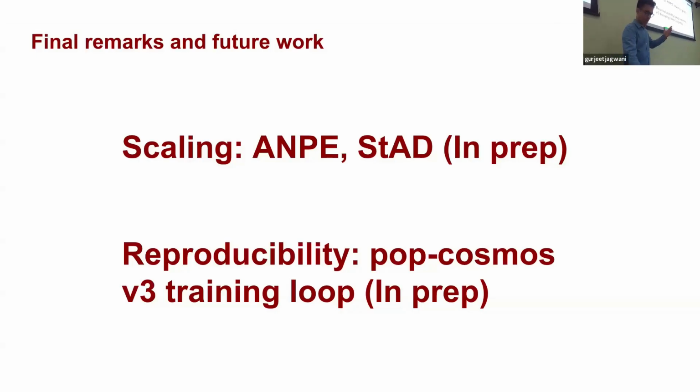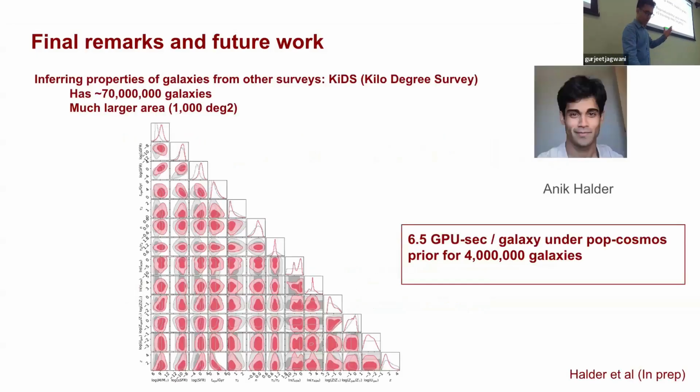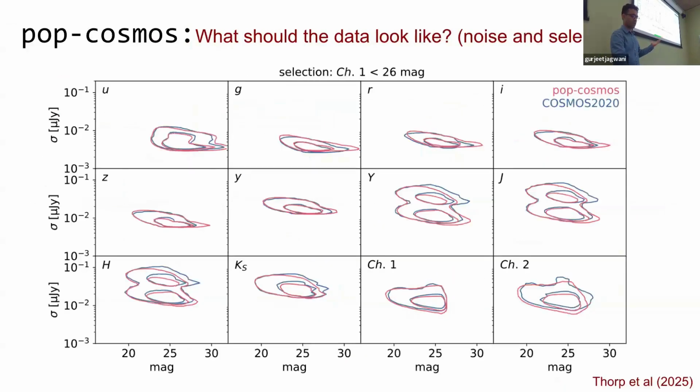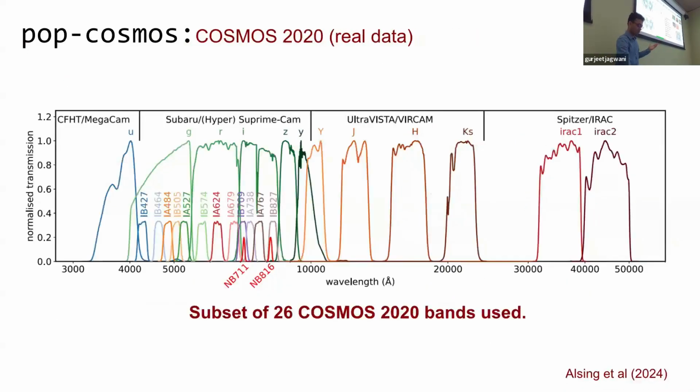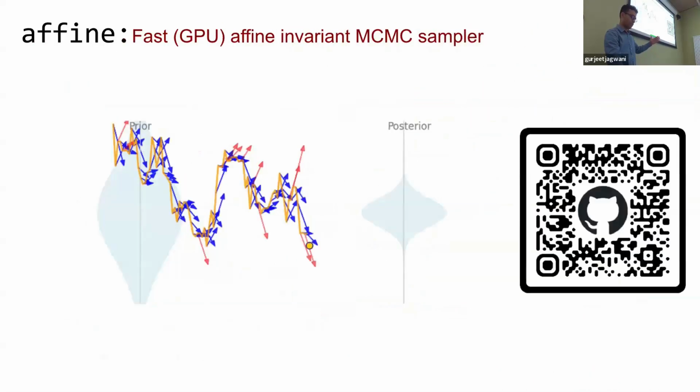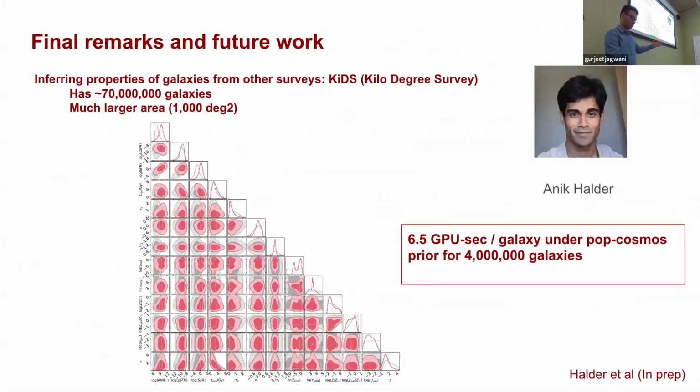Right now the Pop Cosmos pipeline works up to redshift 6, and with JWST coming in, we can, I think, go up to like 8 or 10, and that would be a much deeper cut, and that would give us better constraints on these parameters.